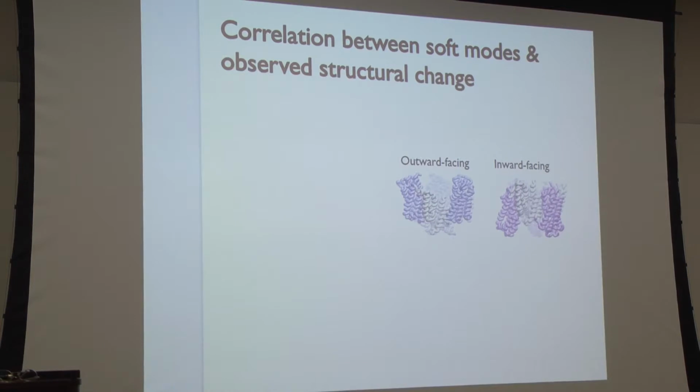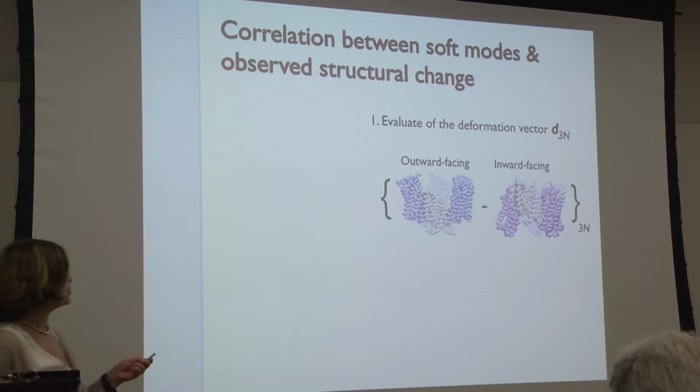So then I am asking the question which I already answered. So we would like to see the following. Here is the outward facing, here is the inward facing conformation, okay? Now I'm taking the difference between them, subtract. The difference is what we called yesterday the deformation vector or difference. We can call it a difference vector.